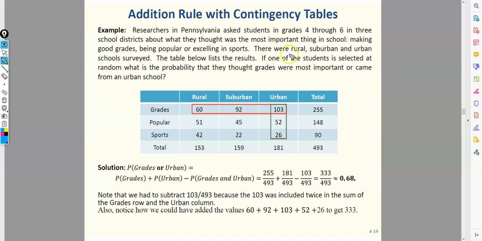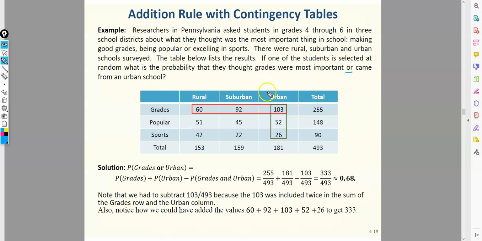There were rural, suburban, and urban schools surveyed, and the table below lists the results. So here's our question. If one of the students is selected at random, what is the probability that they thought grades were most important or came from an urban school?